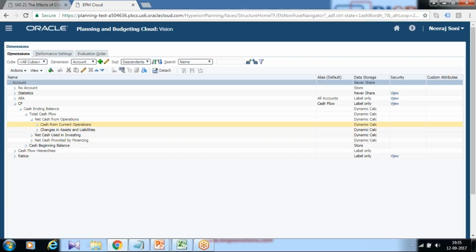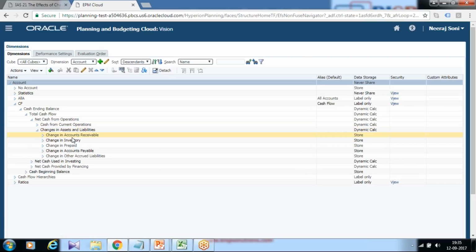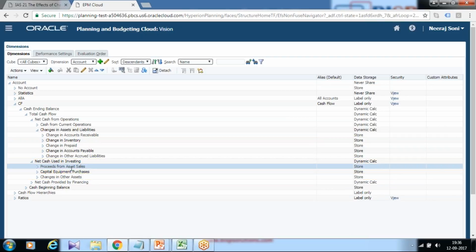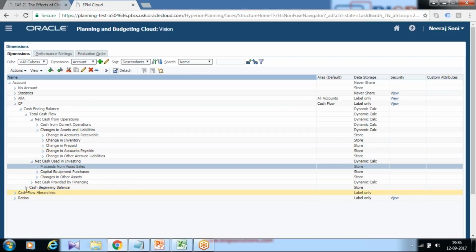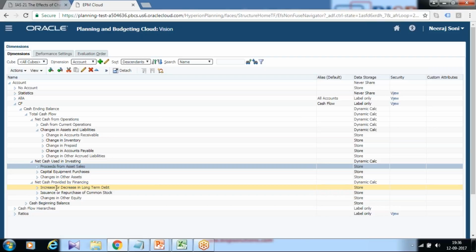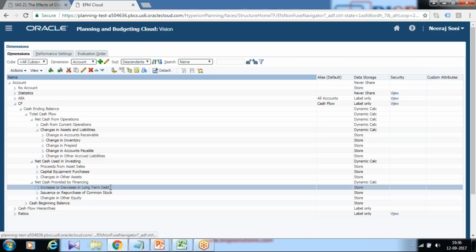Under operational activities, you have different elements like account receivable, account payable, change in inventory, and under investing activities, sale and purchase of your assets, and finally financing activities, your long-term debt, increase or decrease in your long-term debt.